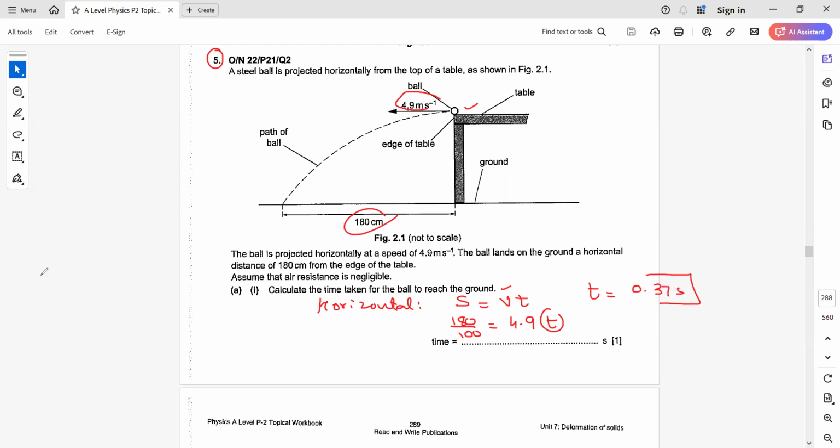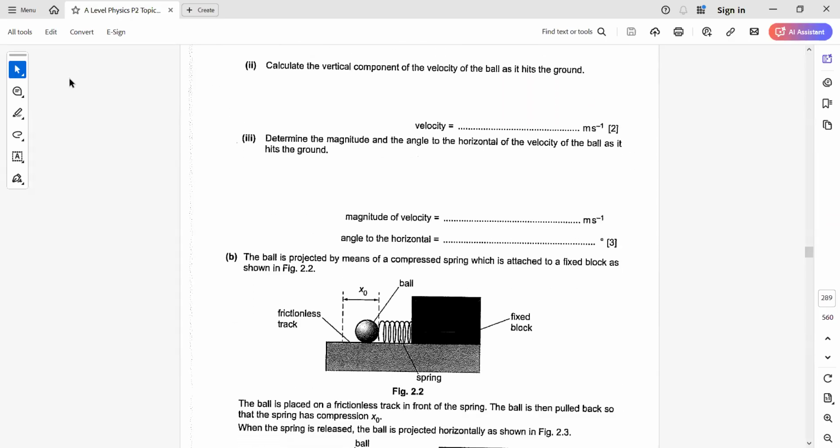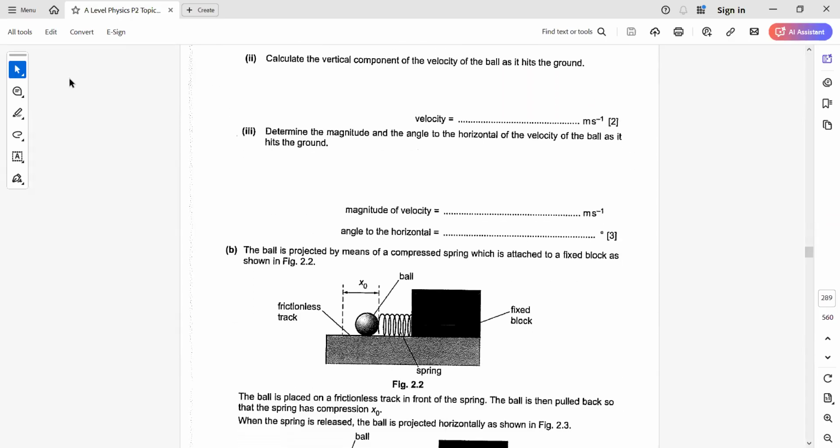Okay, so that was simple. Calculate the vertical component of the velocity of the ball as it hits the ground. Okay, so it hits the ground. That means this was 4.9 and this falls here at a distance of 180 centimeters. So they want us to find out the vertical component here.